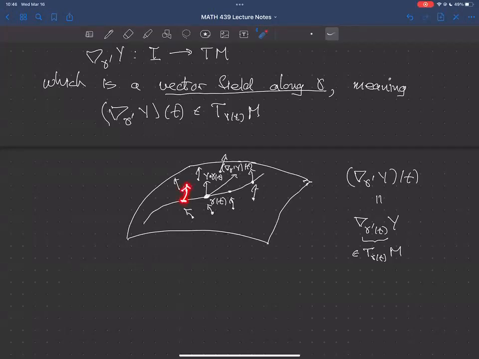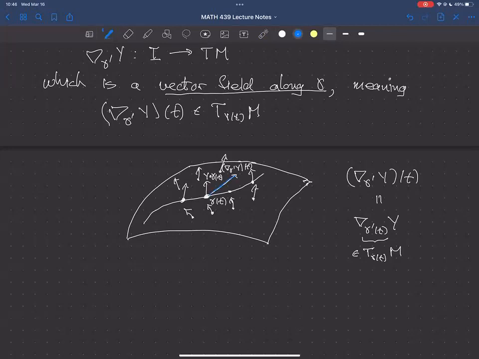One are the tangent vectors given to me by y, and then the way you should think about this is I'm differentiating y with respect to gamma, so I'm differentiating y along the curve. When I do that, I get some other tangent vector like this. This is a good opportunity for me to try my colors.